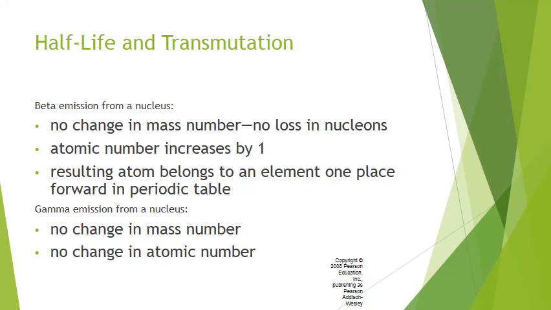Unlike alpha decay, where you actually lose protons, in the case of beta decay, notice that there is no change in the mass number. That means the number of neutrons plus protons remains the same, and yet we know that an electron is produced in beta emission.